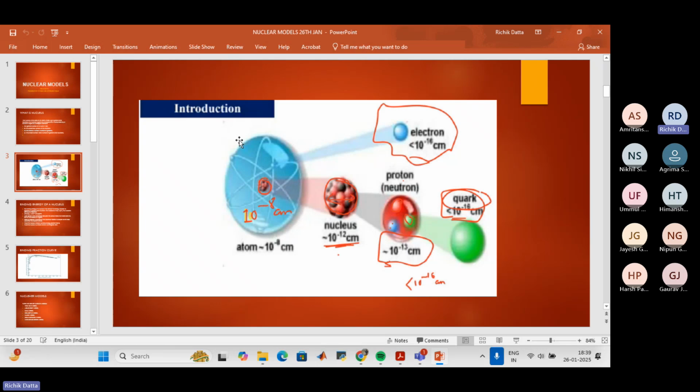And again if we go further, particle physics arises.